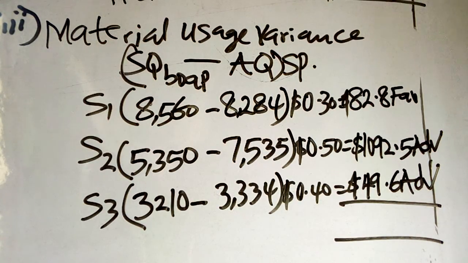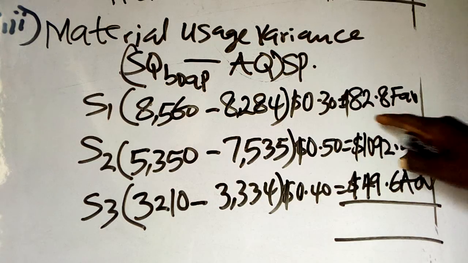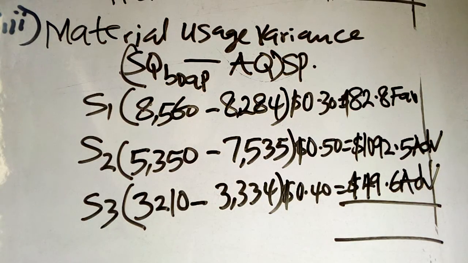Now let me sum them up. These two are adverse. Let's add the adverse: 1,092.5 plus 49.6. The total of adverse is 1,142.1 minus favorable 82.8.